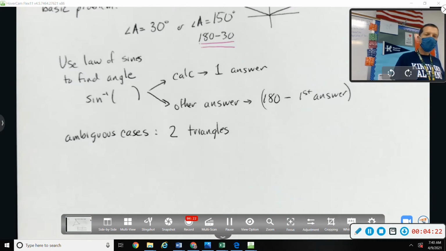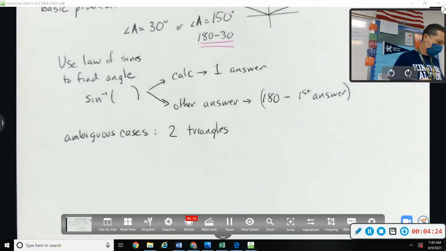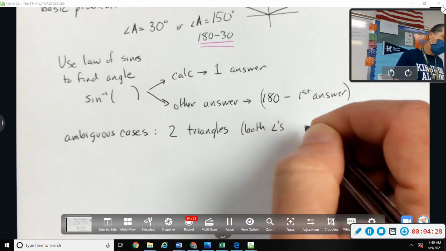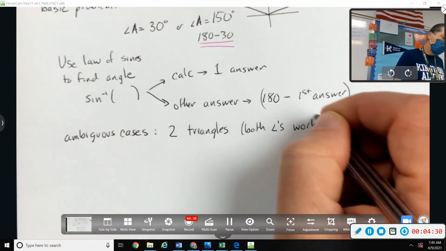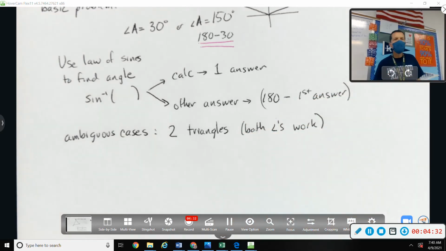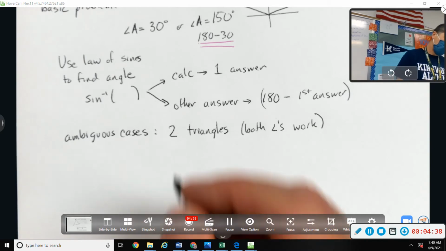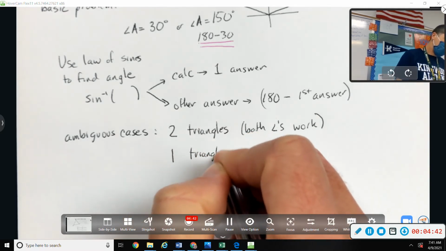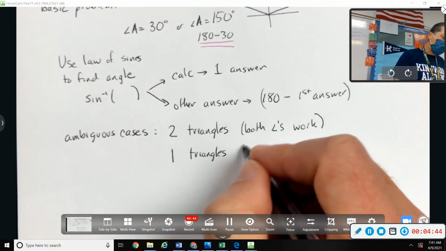So here's the cases. You can get two triangles. That would happen if both of those angles work, and we'll see what that means in a minute. So you get two answers. If they both sort of work out, then that means you got two triangles, two solutions. It can work out where only one triangle works.